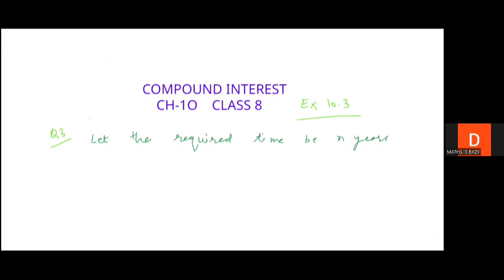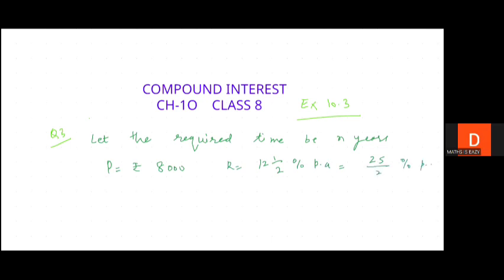Principal is given as rupees 8,000. Rate of interest is given as 12 and 1/2% per annum, and we will change it. It will become 25/2% per annum.